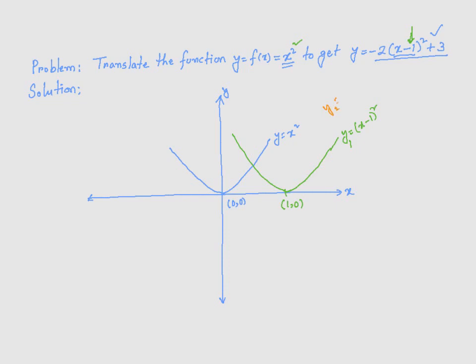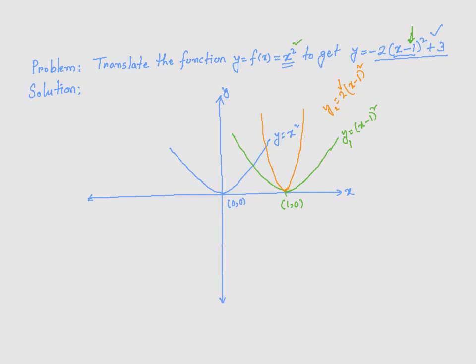The difference between y1 and y2 is that I'm going to multiply y1 by 2. Basically 2 times (x minus 1) whole squared. The effect of this multiplication by 2 is basically taking this green graph and stretching it vertically. So it's going to look skinnier.